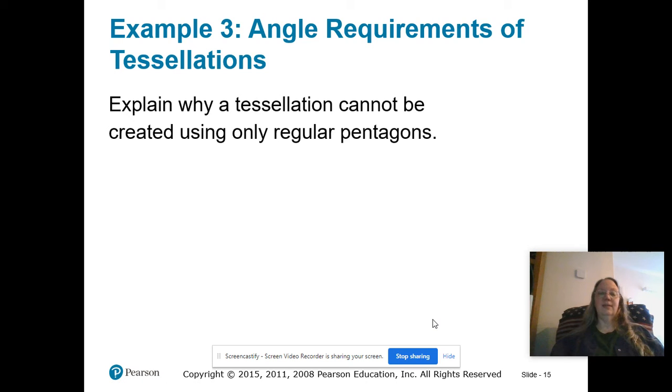Explain why a tessellation cannot be created using only regular pentagons. Let's see.